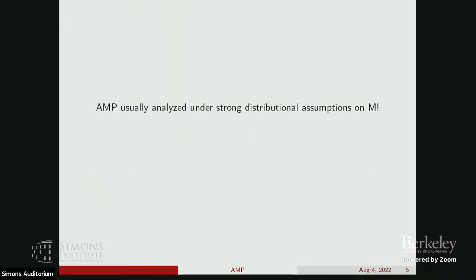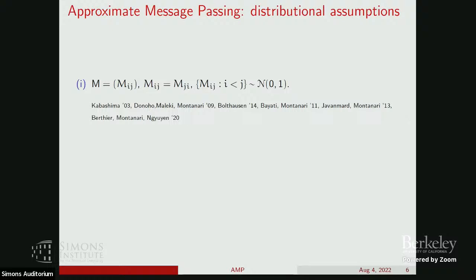Okay, so usually these AMP algorithms are analyzed, and these theoretical guarantees are derived, under very special distributional assumptions on the matrix M. In particular, the most classical set of assumptions on this matrix M, whether it be a square matrix or a rectangular matrix, was that its entries are IID Gaussians, mean zero, variance.